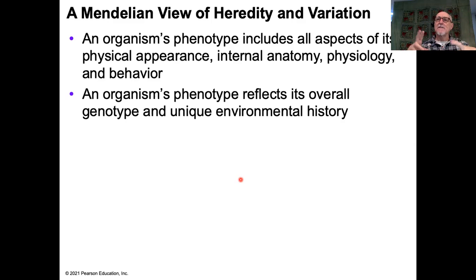The phenotype is a whole lot of characters expressed in the organism, and the phenotype is the functional organism. That is the way that the organism has to interact with the environment. And what we observe in the organism is an interaction between the genotype and its environmental history, how that genotype interacts with the environment.